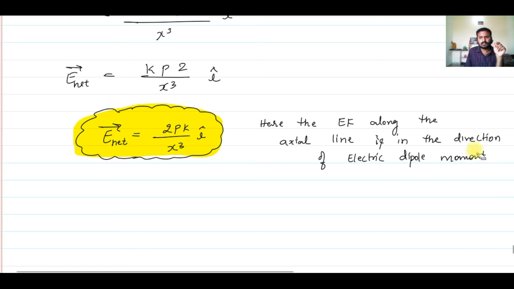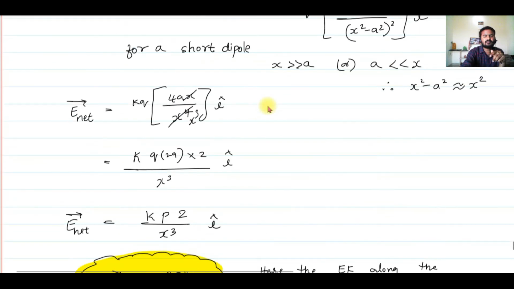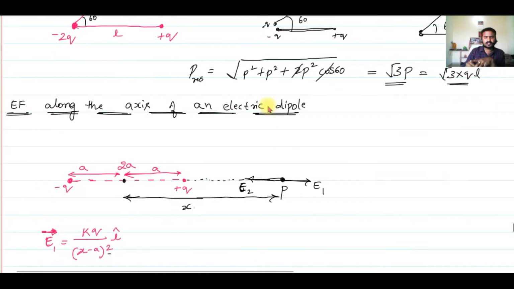Very important. So it's easy to remember, the electrical field along the axial line at a distance x from the center is 2pk by x cube, where p is the electric dipole moment, which is q into 2a.